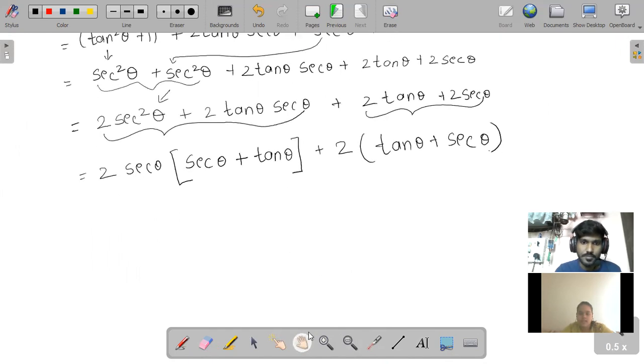Okay, can you see now? Yeah, I can see your scribbling. Sec square theta you just wrote. I think there is a lag. I stopped writing actually long back, but I can see your writing. I can literally see you writing right now. Then how? I am not writing anything.